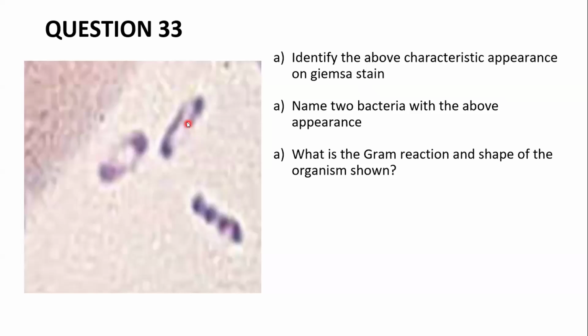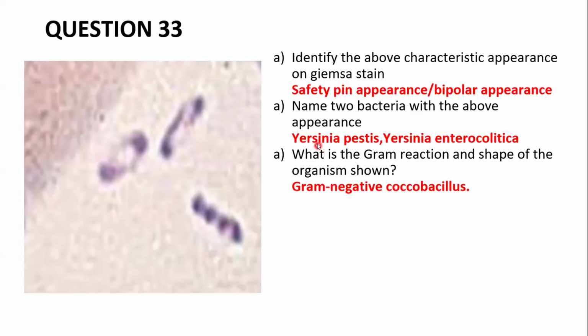Yersinia, very good. So safety pin appearance or bipolar appearance, you can see the two poles. Yersinia pestis, Yersinia enterocolitica. And then gram stain, this is gram negative coccobacillus. I think we had seen that.